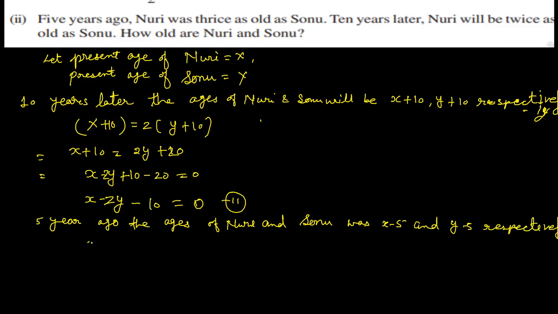And what is the relation between their ages? 5 years ago, Nuri was thrice as old as Sonu. So x minus 5 is equal to 3 into y minus 5.